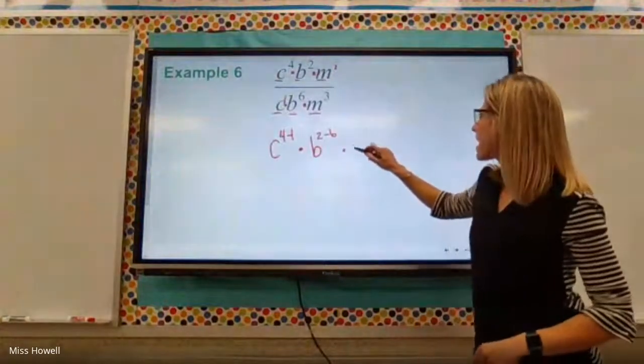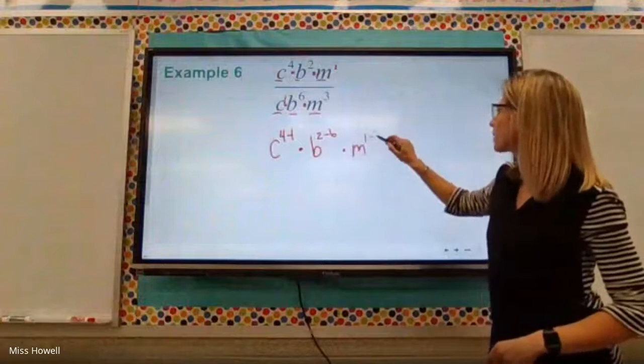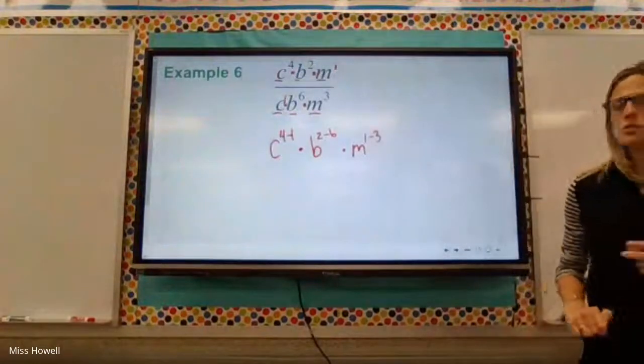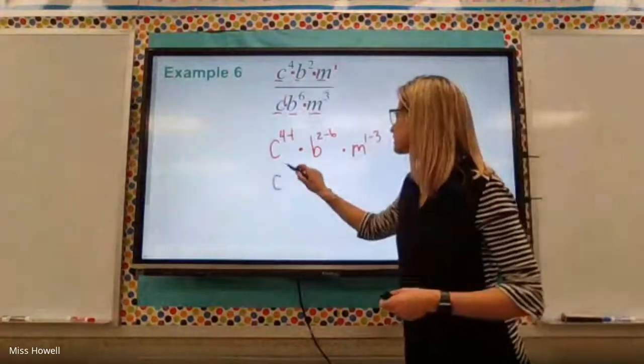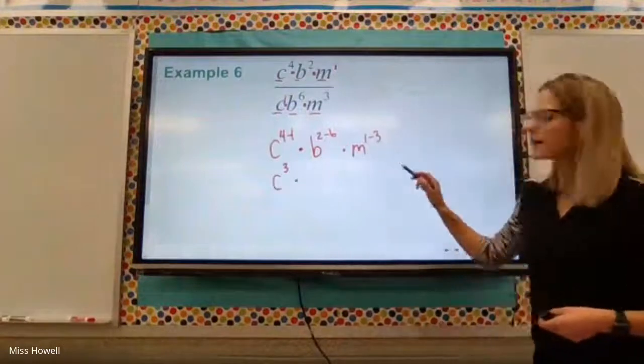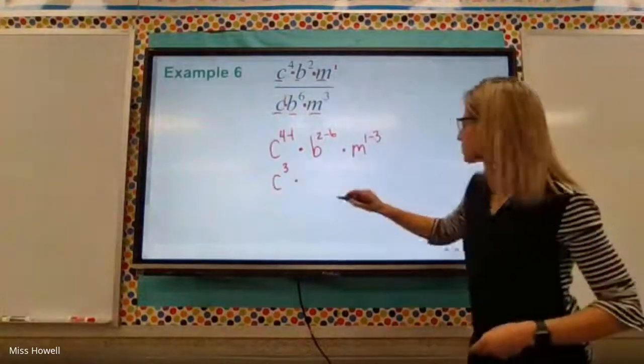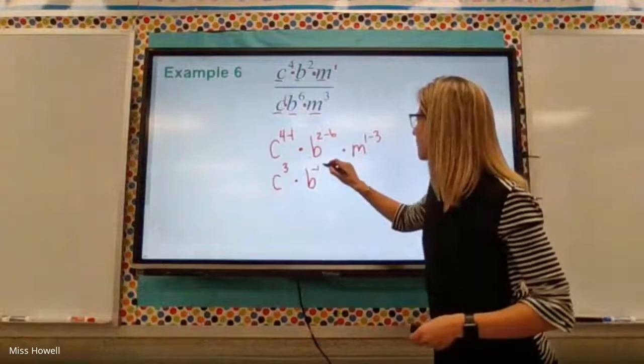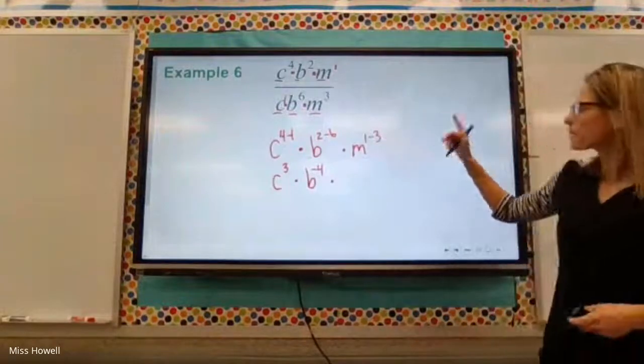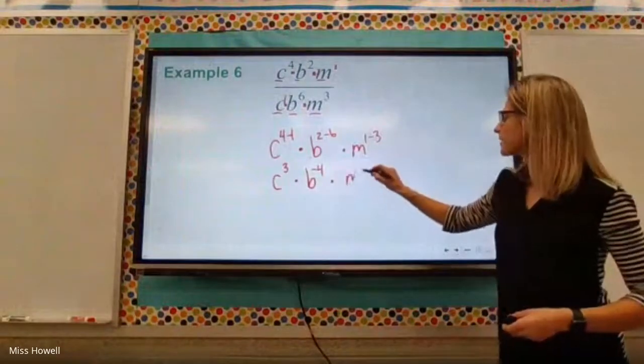And same thing with our m's, top minus bottom, 1 minus 3. All right, 4 minus 1 would give us a c to the 3rd. 2 minus 6 would give us a negative 4, so b to the negative 4. And m to the 1 minus 3 would give us m to the negative 2.